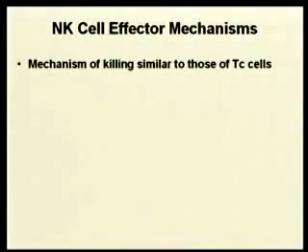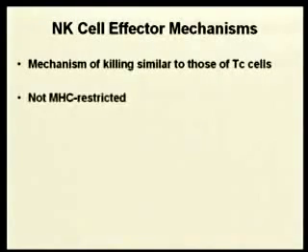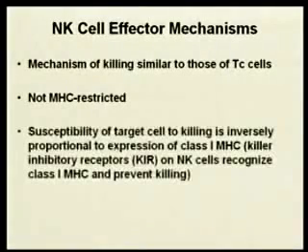Now, the mechanisms of killing are very similar to that of a cytotoxic T cell. They can have perforins and granzymes. They do express Fas ligand. The big point here is that they're not MHC restricted. And actually, the mechanism of recognition is completely opposite.